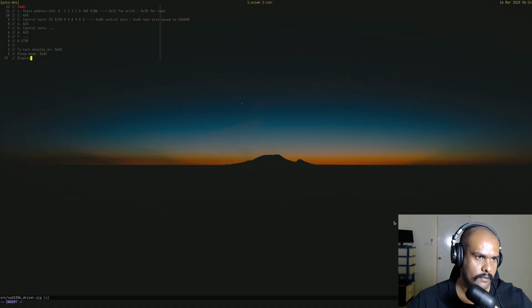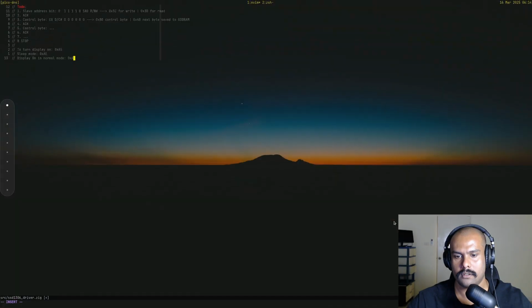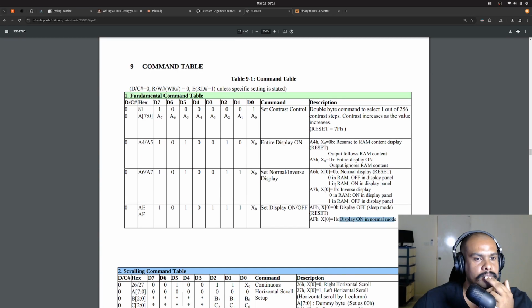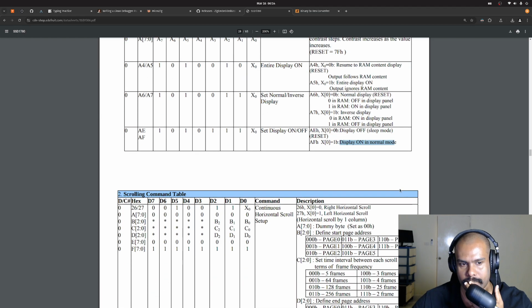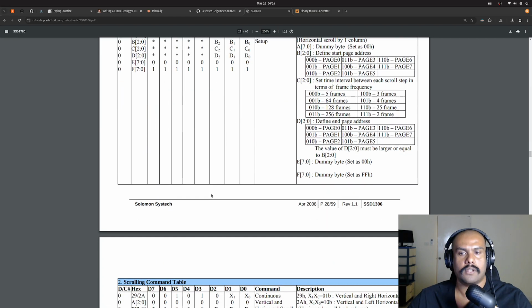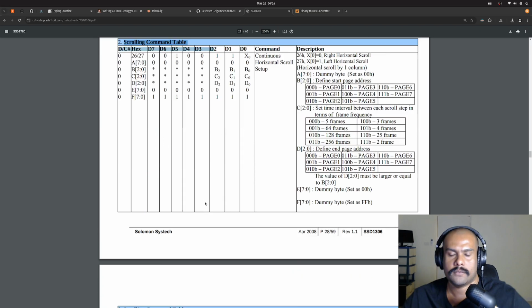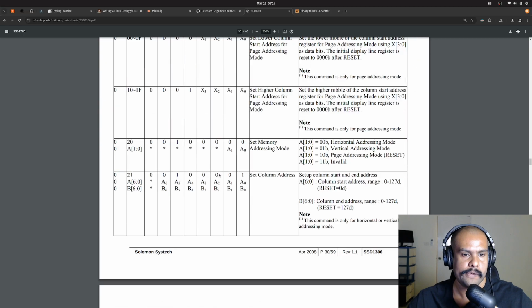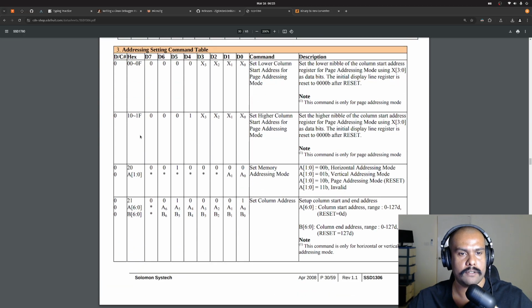Display on mode, AF. Okay, the scroll, come back to later. I think right now not relevant. Scroll. Okay, address setting.